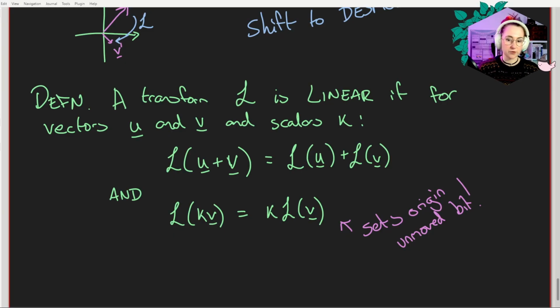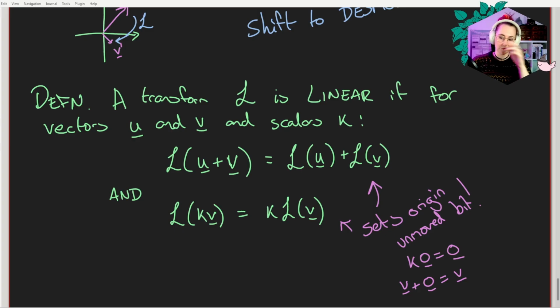The first rule also forces L of 0 is 0. Depending on which rule you go to, k times the 0 vector equals the 0 vector, but also v plus the 0 vector is just v.